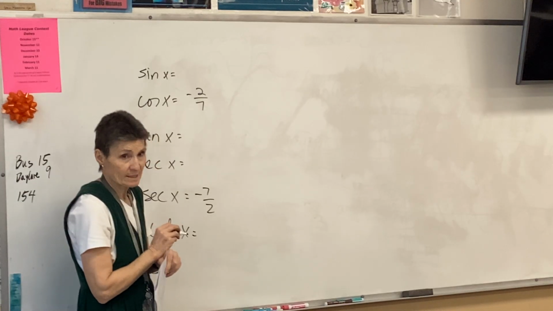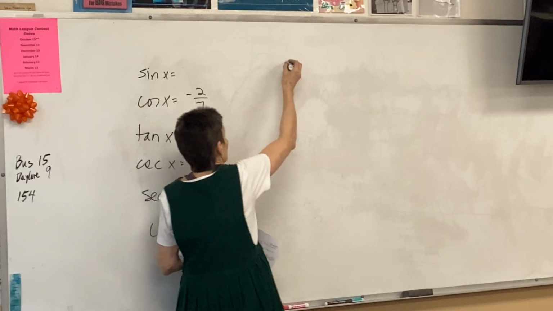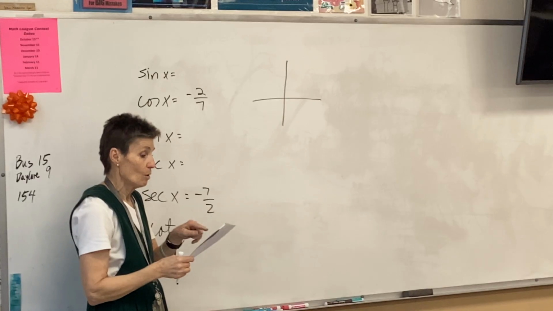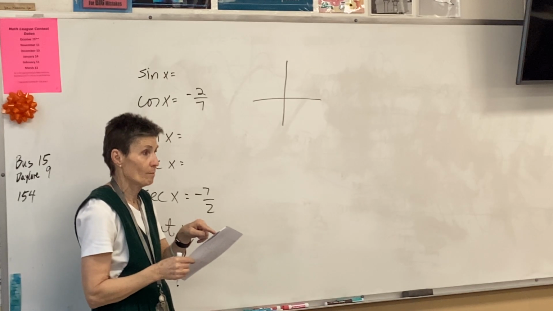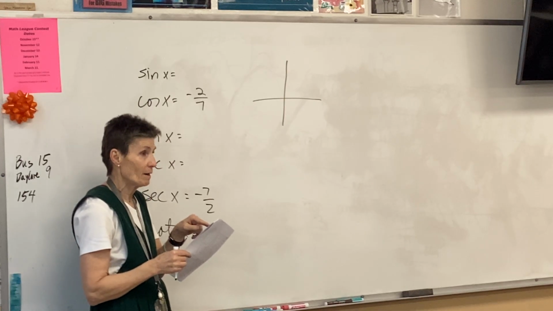And to find all the rest of them, I'm going to need a picture. I'm going to read my directions very carefully because they're going to tell me where to draw the picture. The directions tell me between pi and 3 pi over 2.